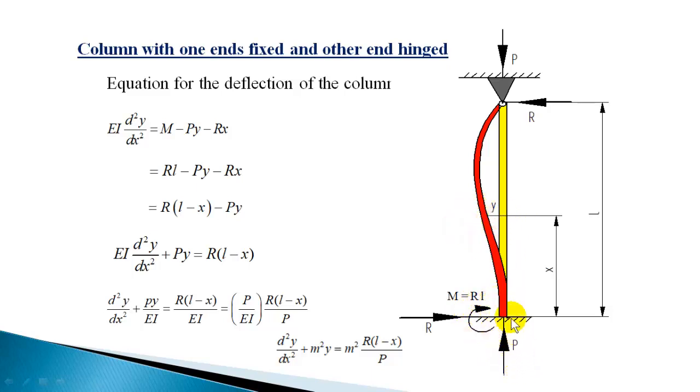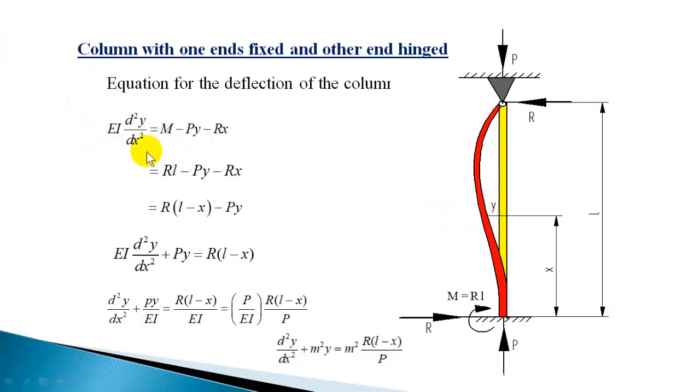There is one more force, the horizontal force, this into x distance is a moment produced, and it is also anti-clockwise, so minus Rx. So plus M minus Py minus Rx is the total bending moment acting at this section.